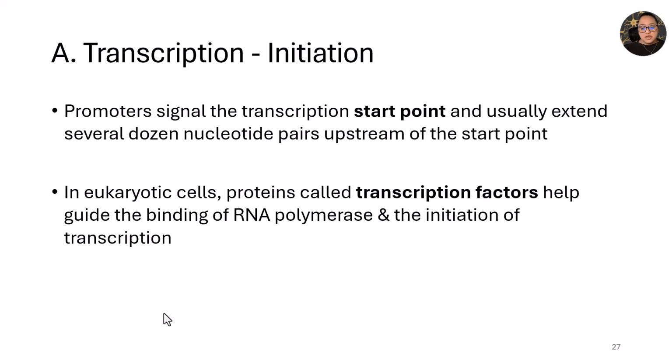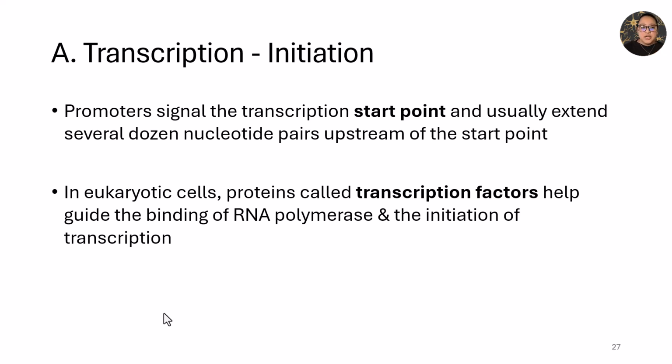You're looking for the title that says German chocolate cake, and that's where you're going to start making your notes, right? So the promoter signals, okay, this is the start of this recipe. This is where you're going to start transcribing. And usually it's a little bit ahead of the actual start of the recipe. Kind of like the title, it's a little bit ahead of the actual recipe, but it's important. That tells you where to start.